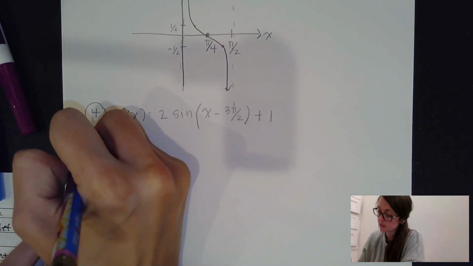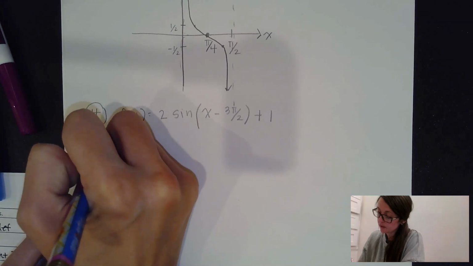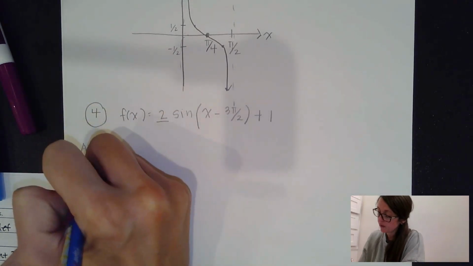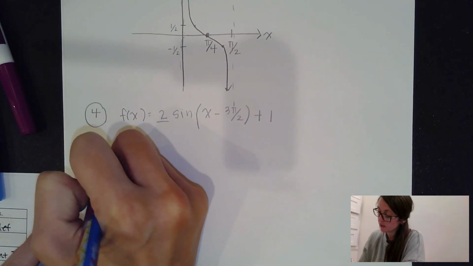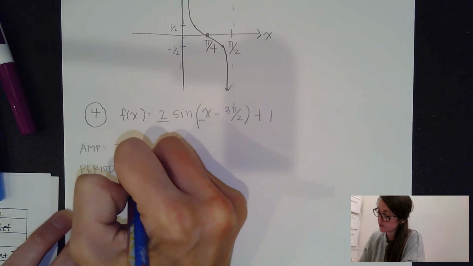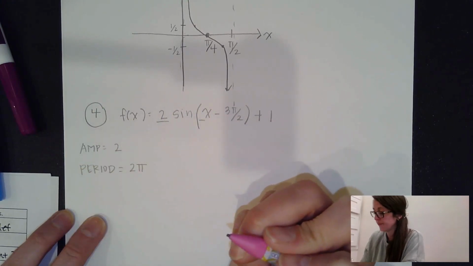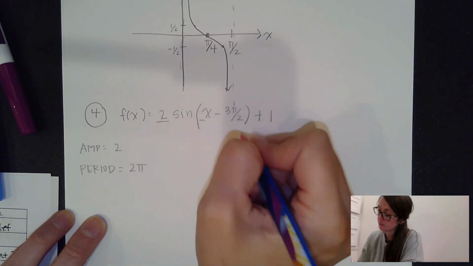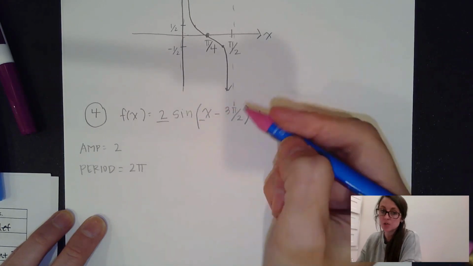Okay, so this is a sine curve, so the amplitude here is going to be a 2. For the period, there is nothing right here, so the period is just going to be 2 pi divided by 1. But I've got this minus 3 pi over 2, so I'm going to have a phase shift.